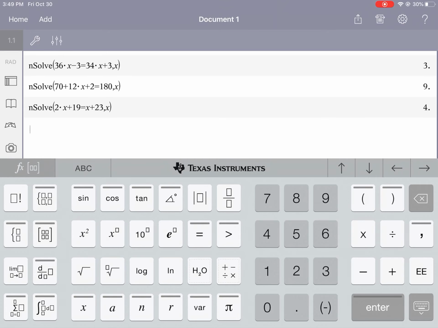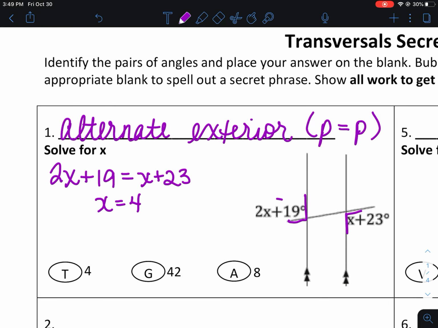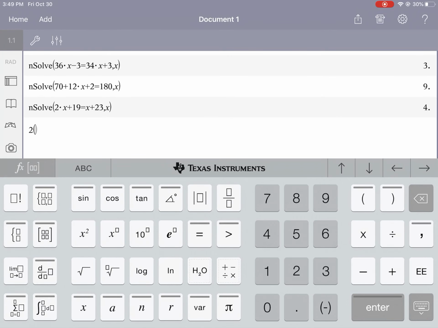Okay, so we get 4. Of course, you want to double check by plugging that back in. So if I plug it in here, I have 2 times 4 plus 19. So I can go back to my calculator app, type it in just like that, and we get 27.